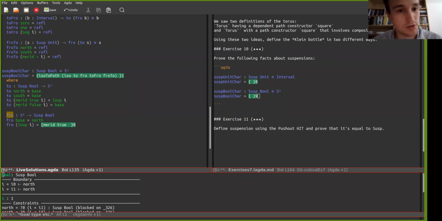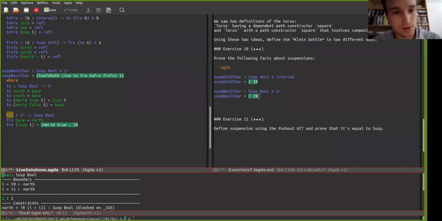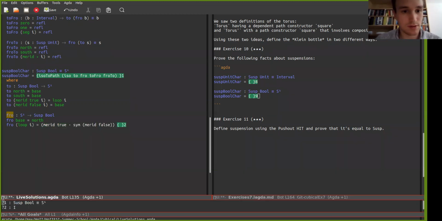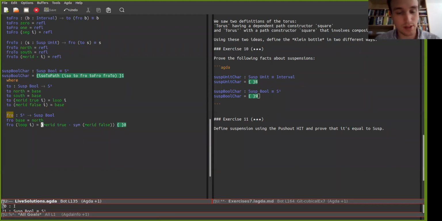So if we go meridian true, we go from north to south, and then from south to north. And then of course we have to give it the i. Okay, is that what everyone got, hopefully?